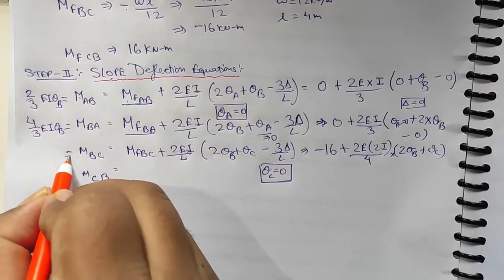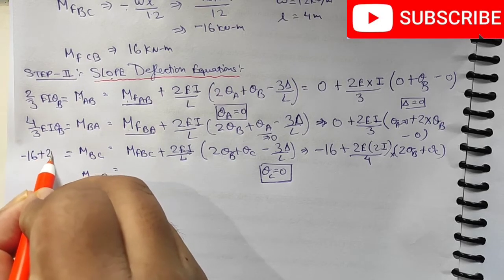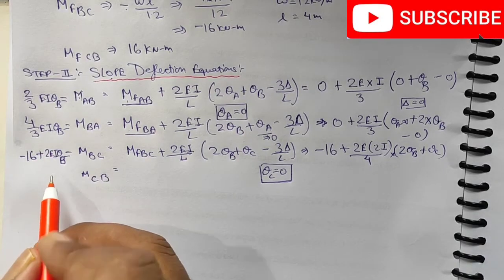Now after solving, we'll get negative 16 plus 2 EI theta B.